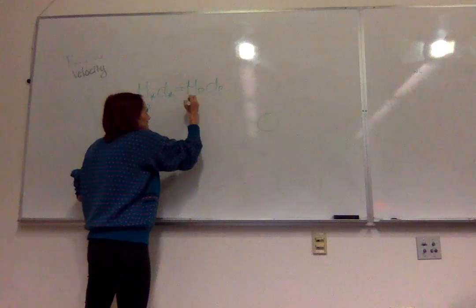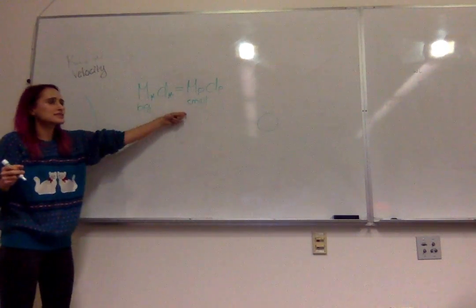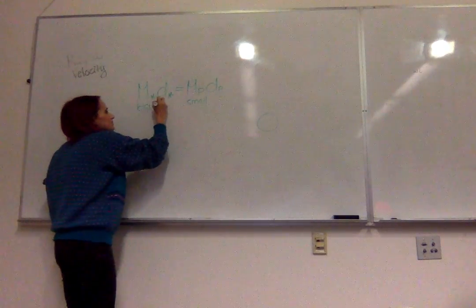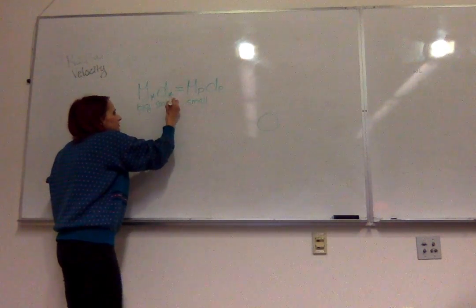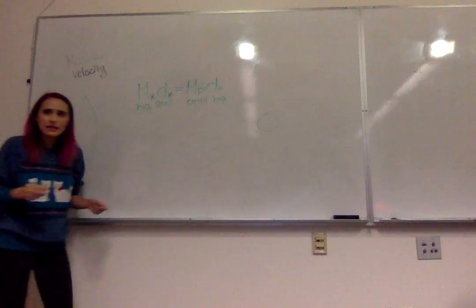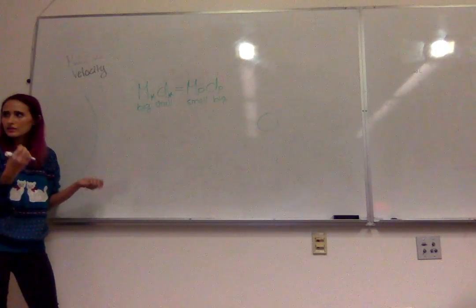And the mass of the planet is small. So in order for these two sides to balance out, this distance has to be small and this distance has to be big. Does that make sense? You have to have one big thing and one small thing on both sides of the equation for it to balance out.